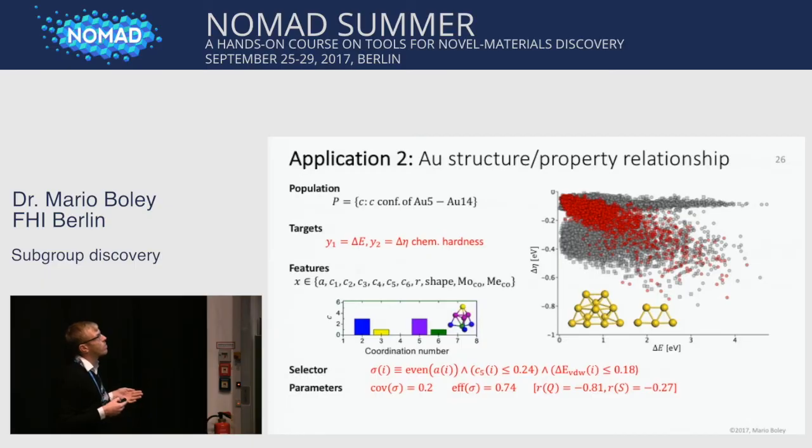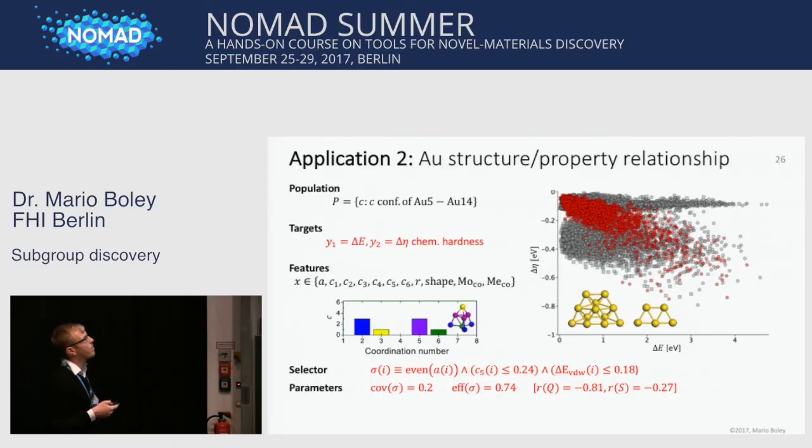If you restrict your attention to this subgroup, then it turns out that you have a fairly expressed negative linear connection between the two variables, and the most stable configurations are also the chemically hardest, and also in the non-minimum energy regime you have this continuous linear trend between these two variables.